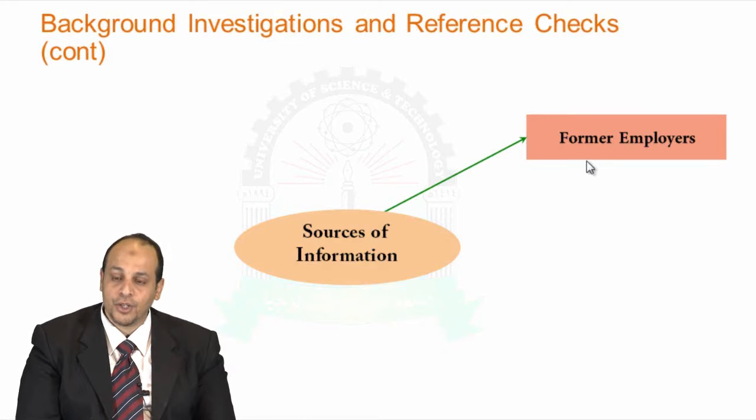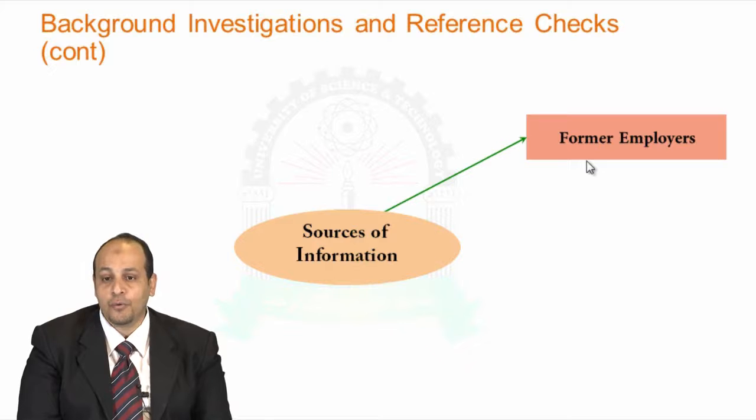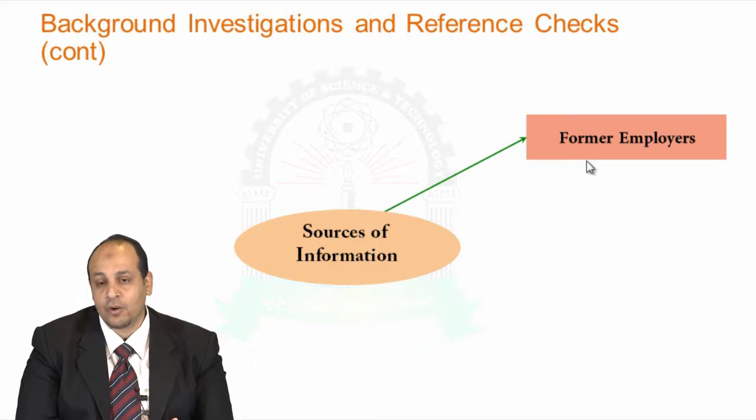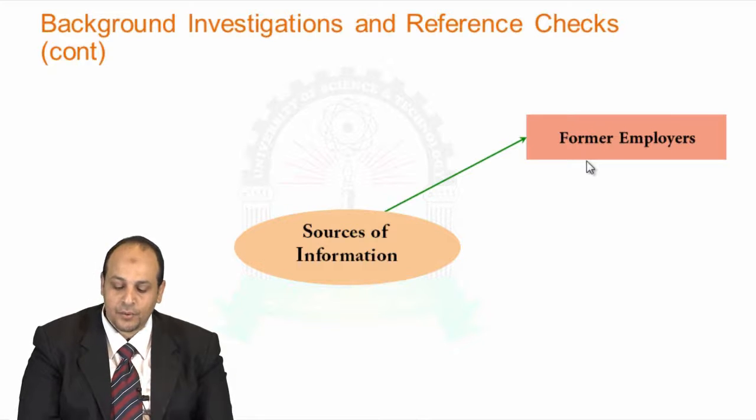But when we want to check information from different sources, former employers can be a good source here, especially if we're talking about honesty, performance, punctuality, personality, etc. So valid, vivid, and worthwhile information can all be taken from these sources.